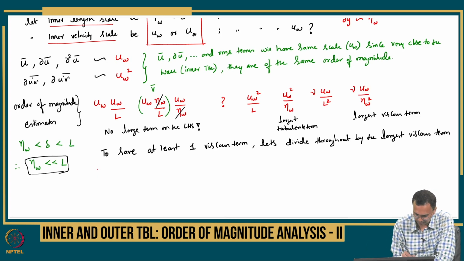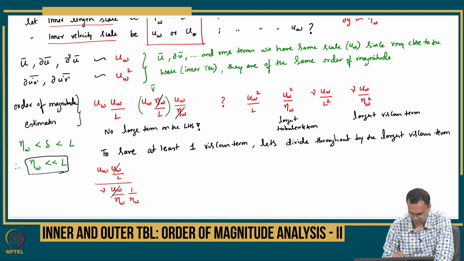So I have uw by L over nu uw by eta w square, which is eta w square by nu. These two terms go away here, uw and uw, rest survives.